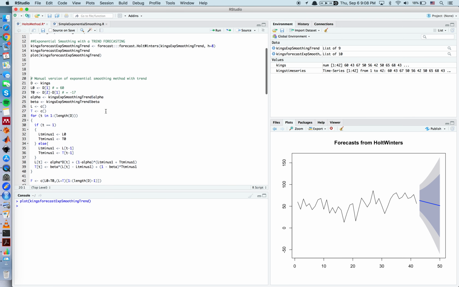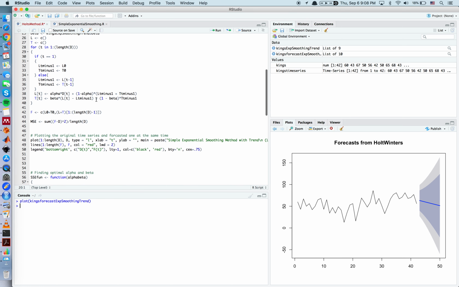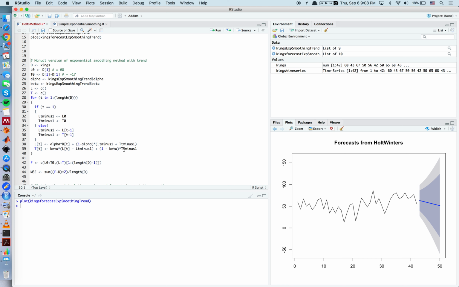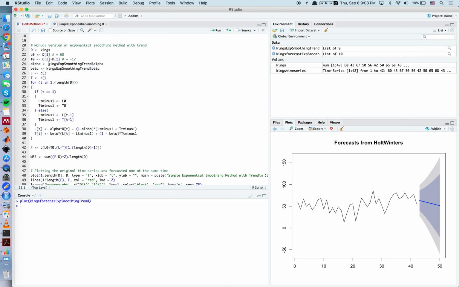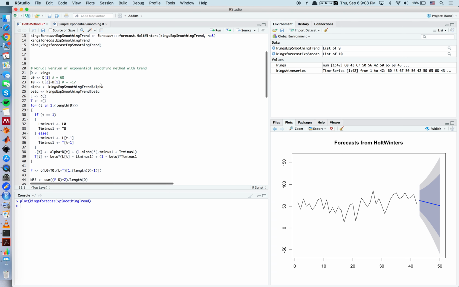Now, much like before, we can relatively easily implement our method manually, but to save you the work, I'm not going to go into the details. I'll just have the code here. You can analyze it if you'd like, but let's just quickly run it. Initially I'm going to fix alpha and beta as the optimal values this Holt-Winters function was able to find.